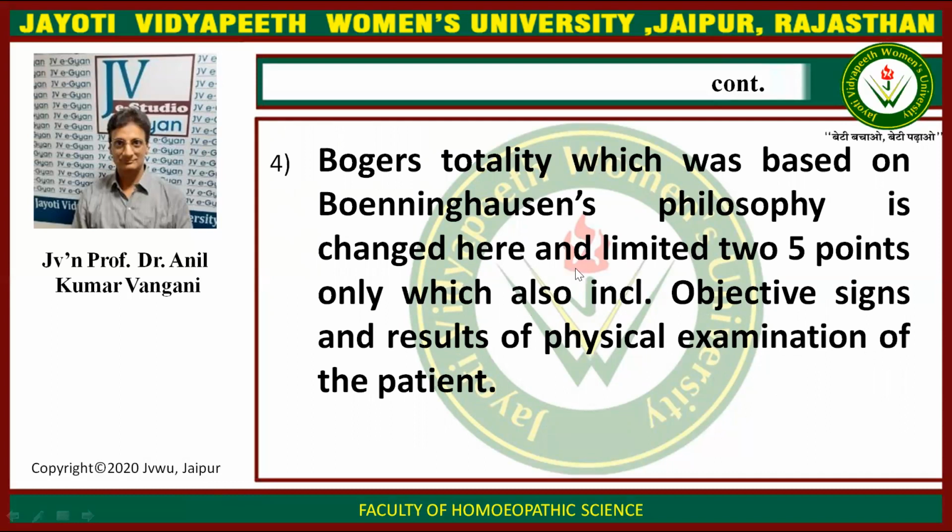We have to take modalities or give highest value to the modalities, then the mental aspect, and third, the sensations of the patient. Then fourth part is the objective aspect of the patient, what you see, what are the type of discharges, what is the expression on the face of the patient, and the fifth is the particular, that is the regional part.